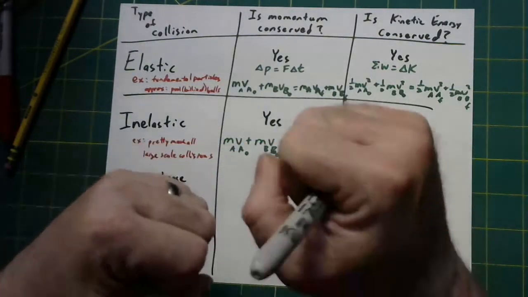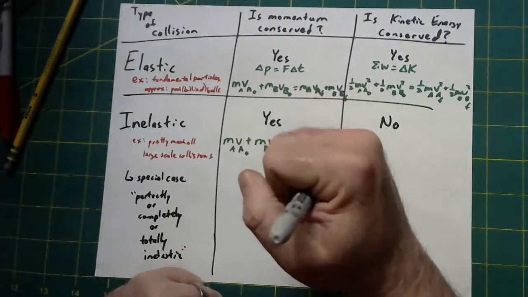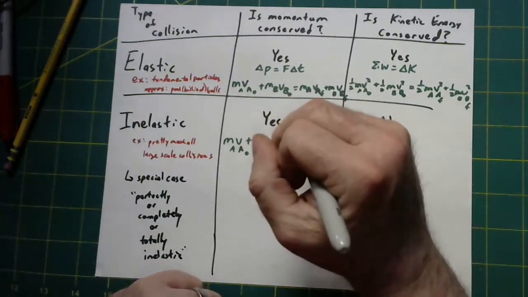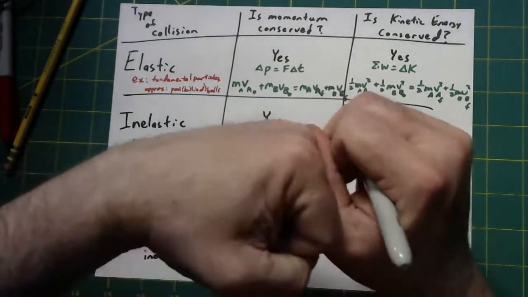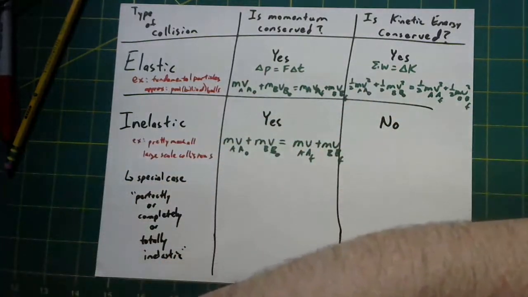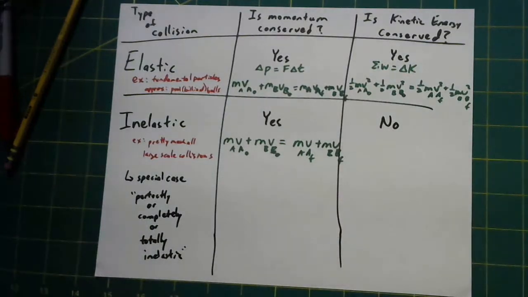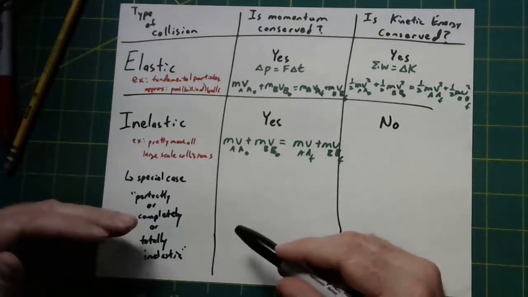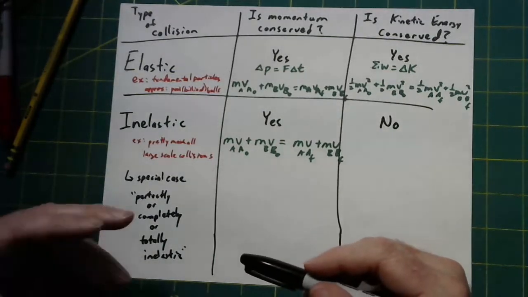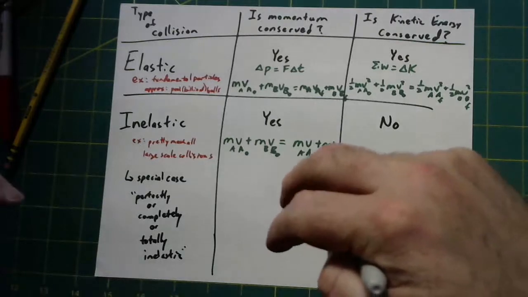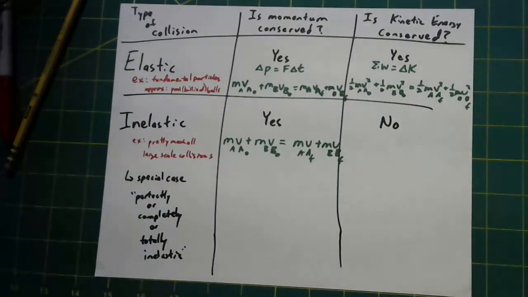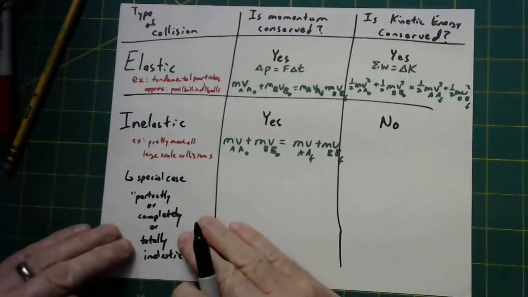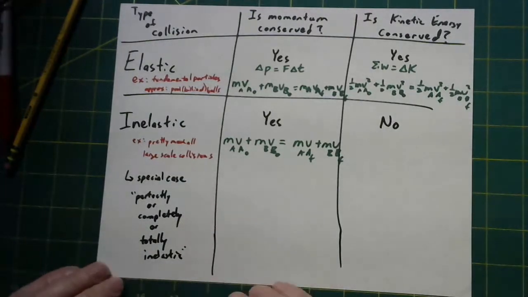So you might imagine having some squishy little car, and some great big car comes in and hits it, and they move together afterwards. Or we'll sometimes talk about football, maybe someone's making a tackle, and one guy's running and the other guy comes running, oof, and they move off together afterwards. You say that's a completely or totally or perfectly inelastic collision.